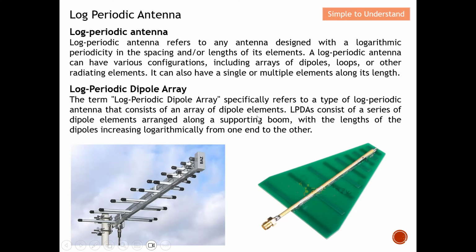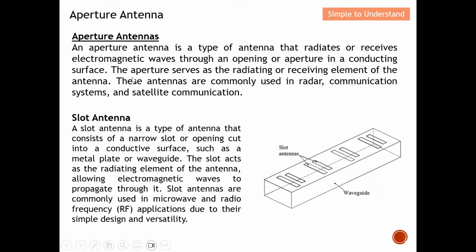Maybe in the next few videos, I will be able to concentrate on all these specific types of antenna. But for now, I just want to have a quick discussion on the log periodic antenna. Next, I'm going to move on to aperture antenna.